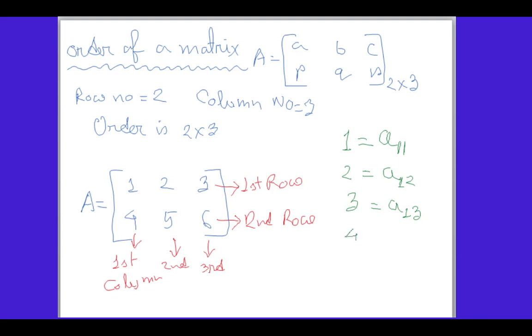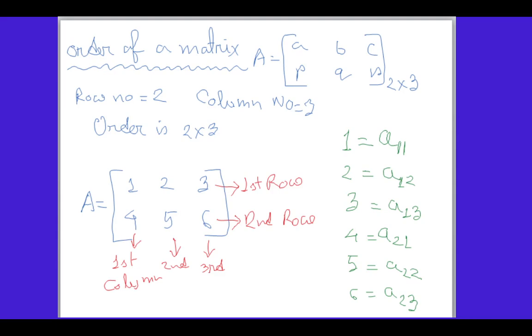Number 4 is second row, first column. Number 5 is second row, second column. Number 6 is second row, third column.